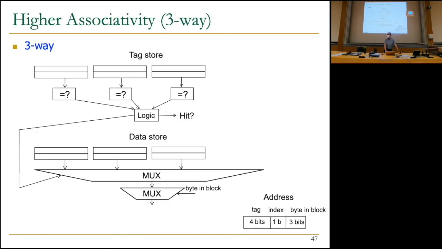This is the 3-way cache. I just remove the fourth way, and I have only 3 comparators. And yes, I still have a 4-to-1 mux, but I don't use part of it, because a mux requires a power of 2 to 1.